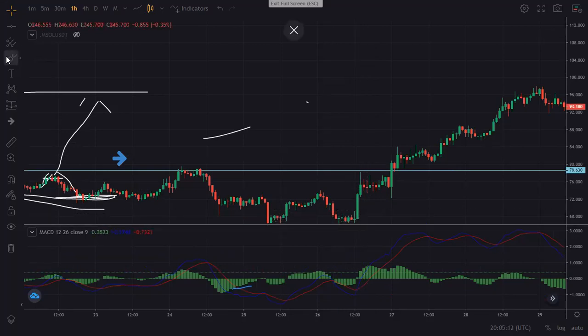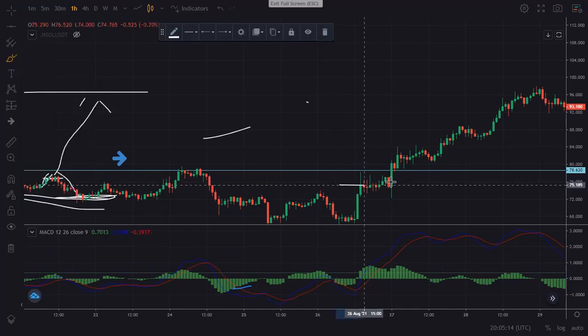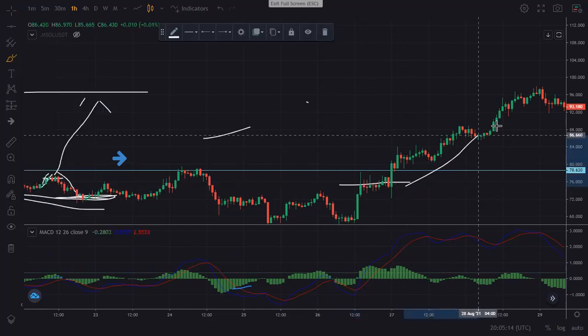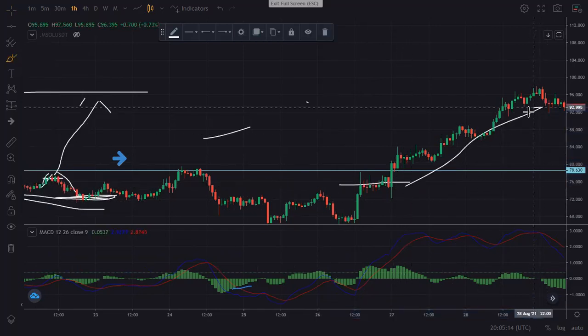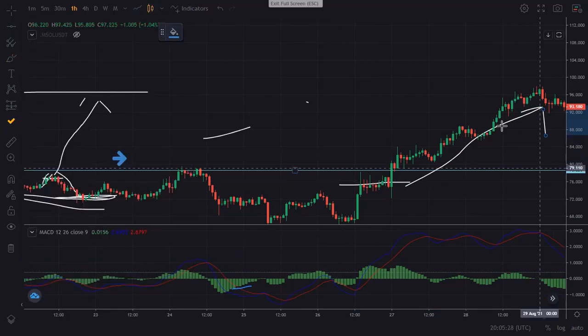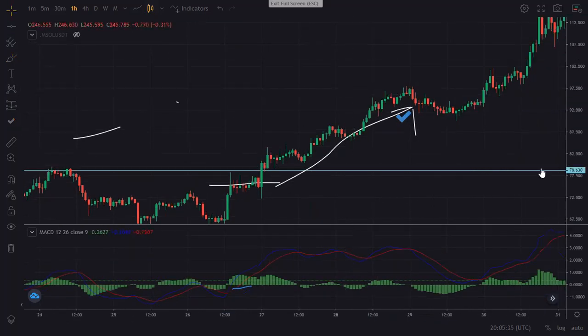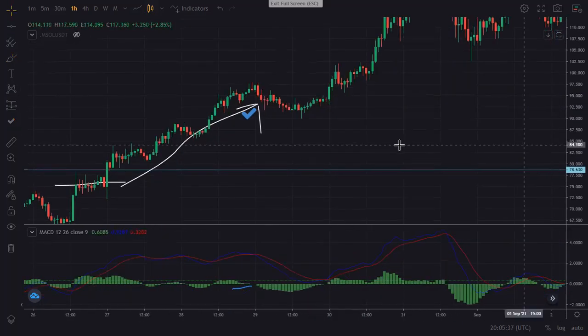Just imagine that you figured out that this market is going to break out here, and you just take off this. You see that you are going to make a very profitable amount. So breakouts are very good. When you see ranging markets, you try to identify their breakouts.